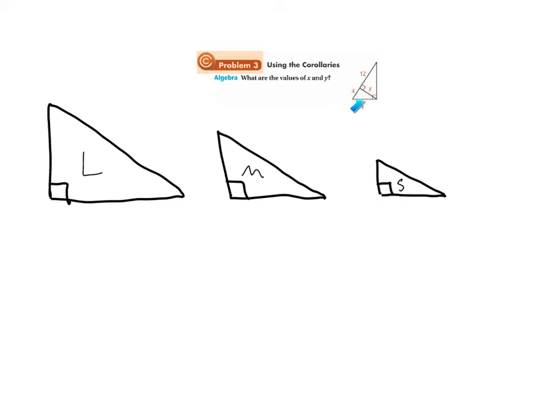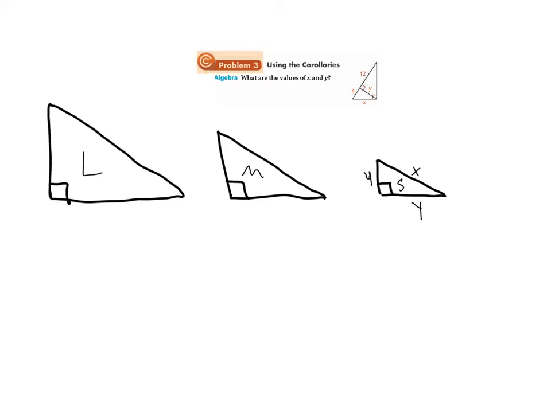So here's my small, this little guy here. The right angle's here, which makes this side my small side, this side my longer side. So my small side is 4, my longer side is y, and the hypotenuse in that triangle is x.